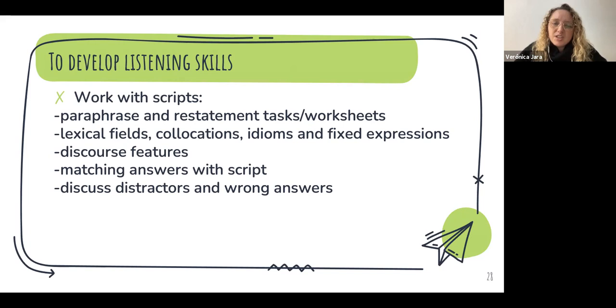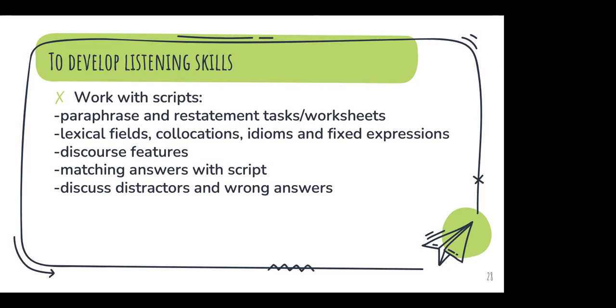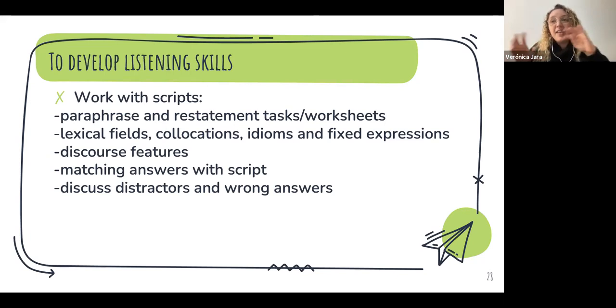That's a very, very important thing to do, and I think it's as important as checking the right answer, because discussing distractors and wrong answers helps students understand all these cues that they may have missed out on, or maybe not paid enough attention to. So discussing why answers are wrong is as important as discussing why answers are right.